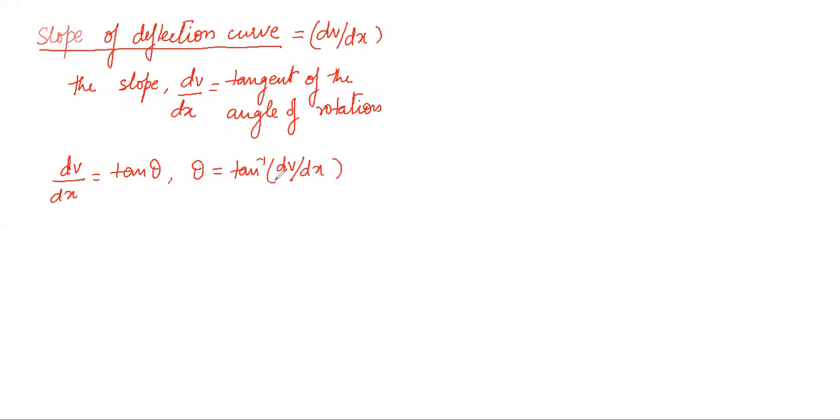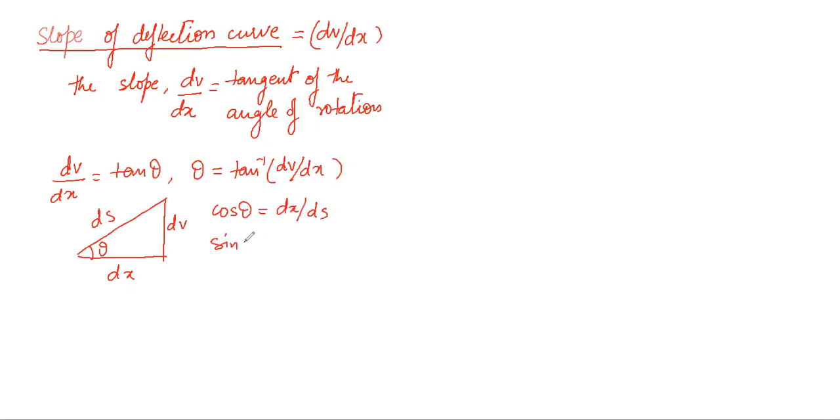Yes or no? Now, if we consider this triangle, this is your theta, this is your ds, this is your dv, and this is your dx. So what conditions can you write? Cos theta can also be defined as dx upon ds.